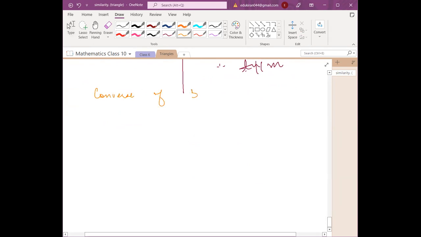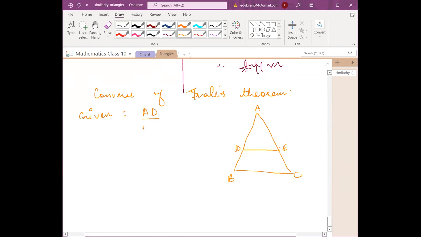Converse of Thales theorem is this. This is the triangle ABC and this is DE. This time the ratio will be given equal. So AD upon DB is equal to AE upon EC.